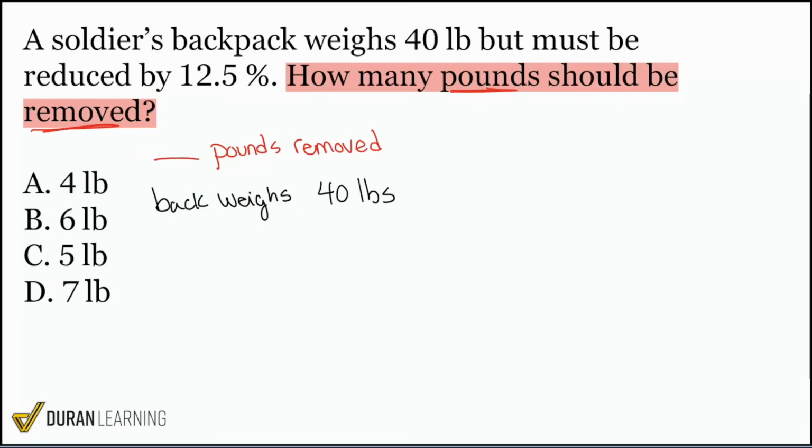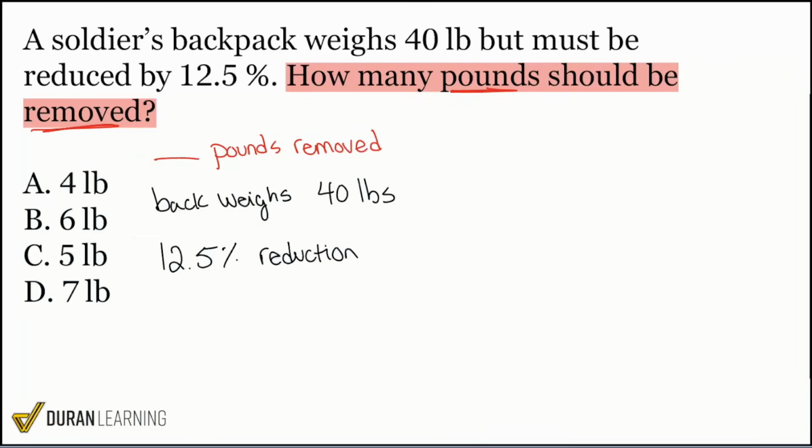So I'm going to write that down. I'm going to say 12.5% reduction. Now, this is where, if you don't think that vocabulary matters in math, it does. My party people, can you tell me what two words on the screen that I've written mean the same thing?